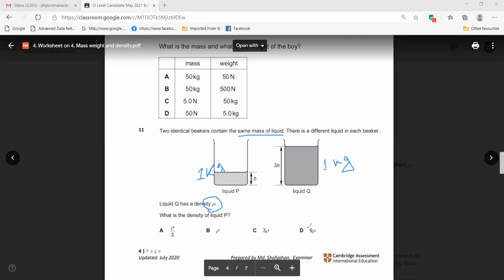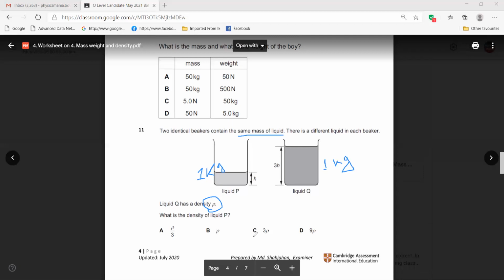Then we have to calculate. So you are sure that it will not be A or B, of course, right? You can understand it's likely to be C or D. Already you got rho by 3, so you got some idea that it should be one third of something or three times of something, right? So it's more likely to be C. Let's check.